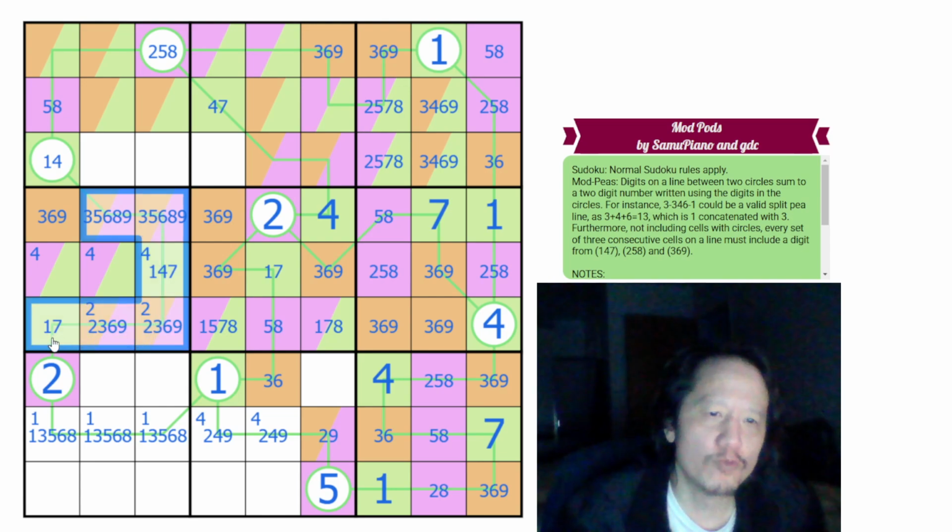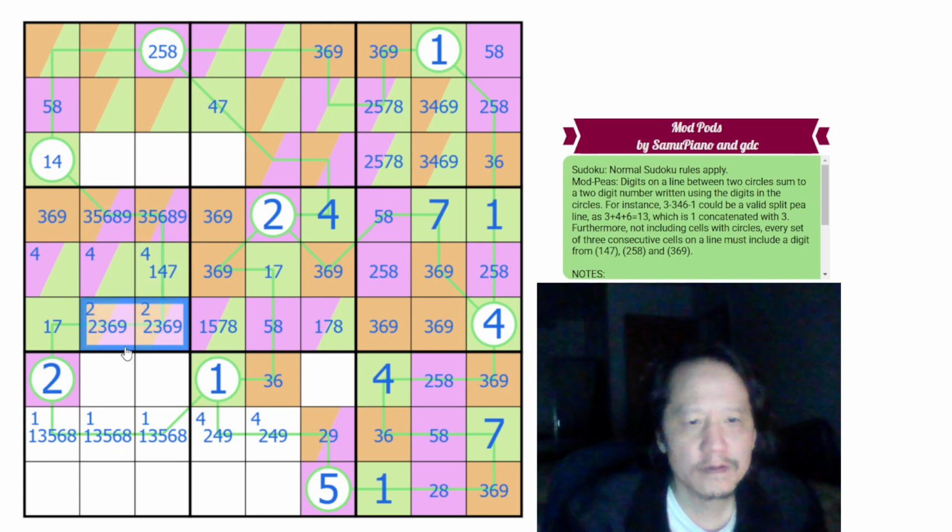So it's 21 or it's 24. If it's 21, it's 1 through 6. But the 6 could go up to the 9, right? We do know the 3 has to be there, though. So this is 6 or 9.